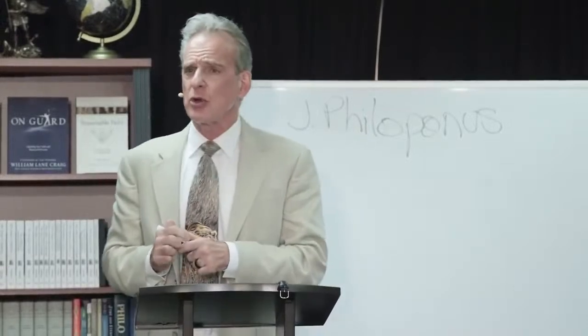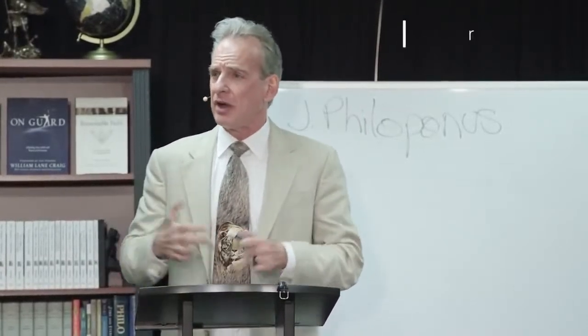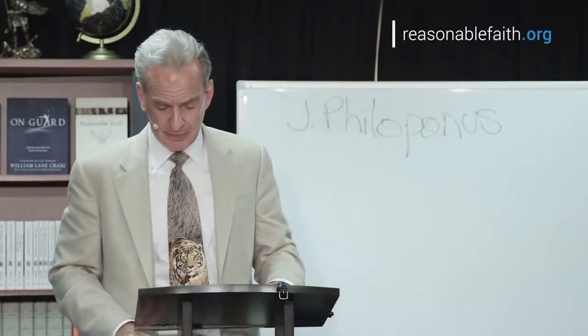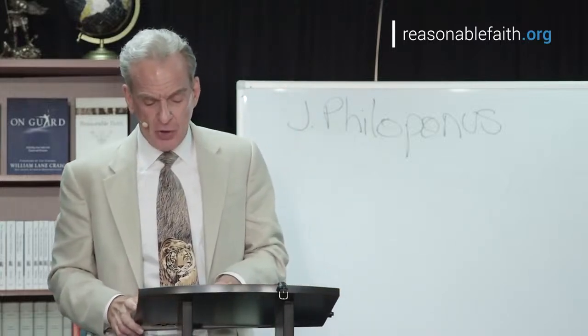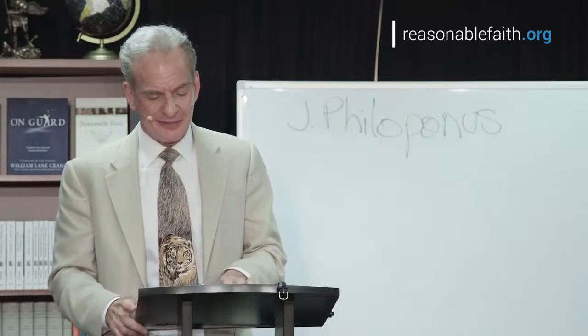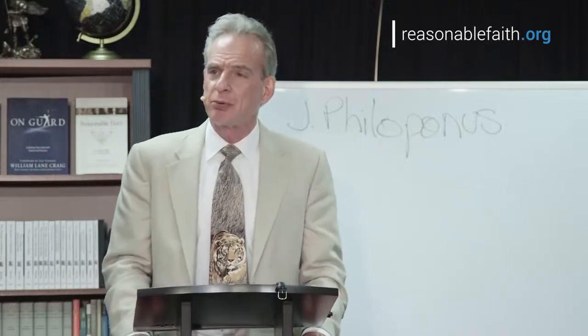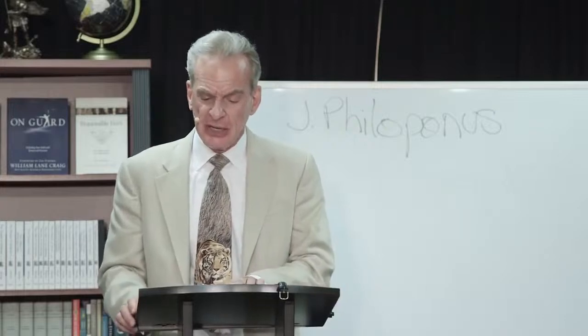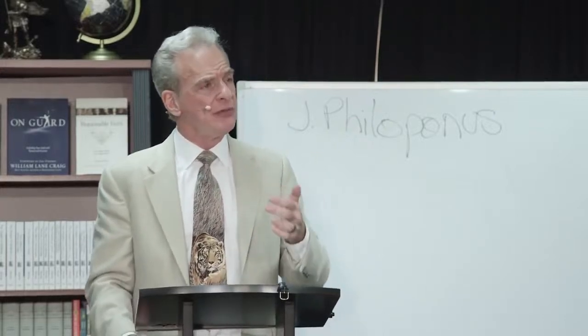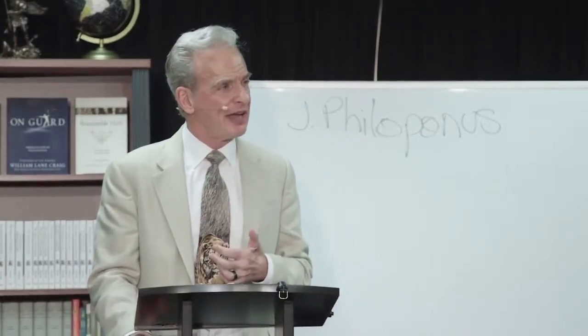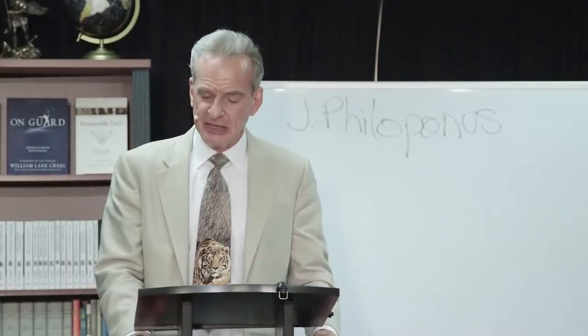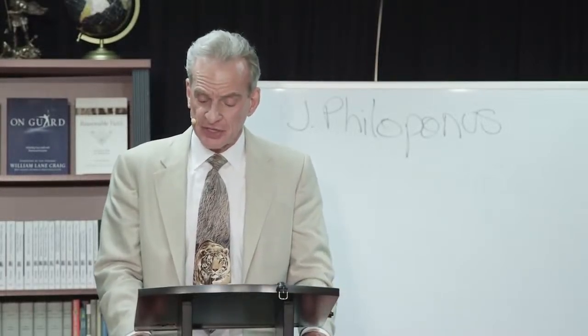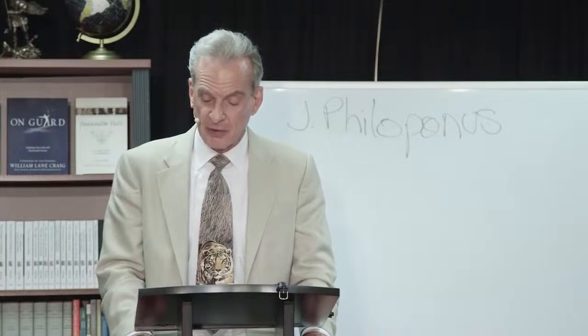Not exactly a household name, but nevertheless the fount of the Kalam cosmological argument. Philoponus developed all sorts of fascinating arguments aimed at proving the finitude of the past and the impossibility of an infinite regress of past events, and thus a beginning of the universe in support of creatio ex nihilo.